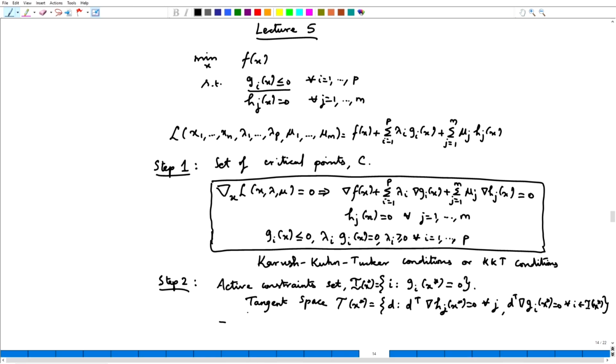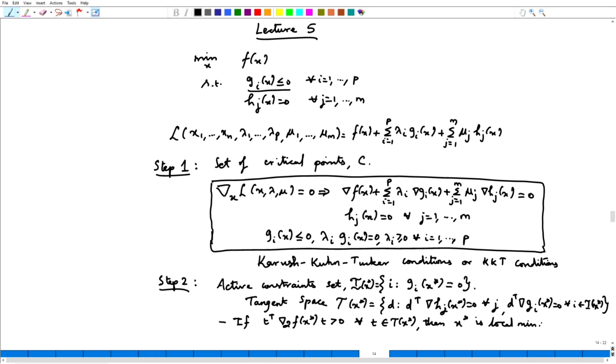If t transpose del 2 f of x star t is greater than 0 for all t in T of x star, then x star is a local min.